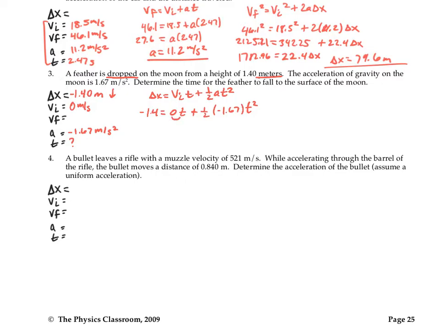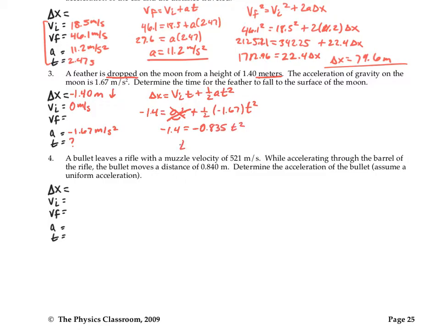This 0 times that t, anything times 0 ends up being 0, so it doesn't matter what t is. That middle term multiplies out to be 0. So if I write it again, negative 1.4, a half times negative 1.67 is negative 0.835.